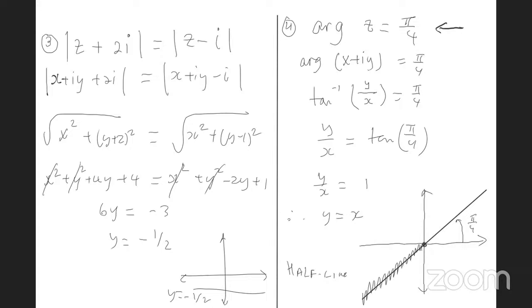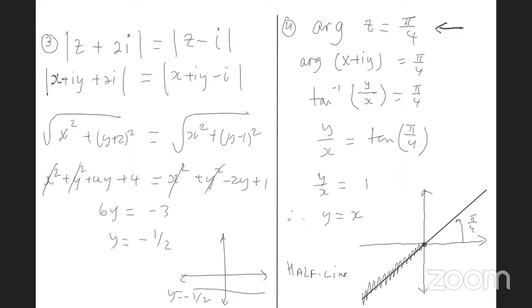So it's important when we do a sketch that we check out the argument. If the argument is pi on something, we sketch it and we erase the other part of it.